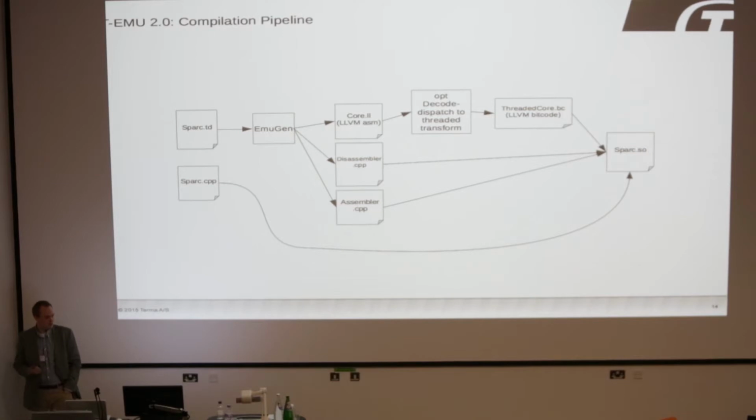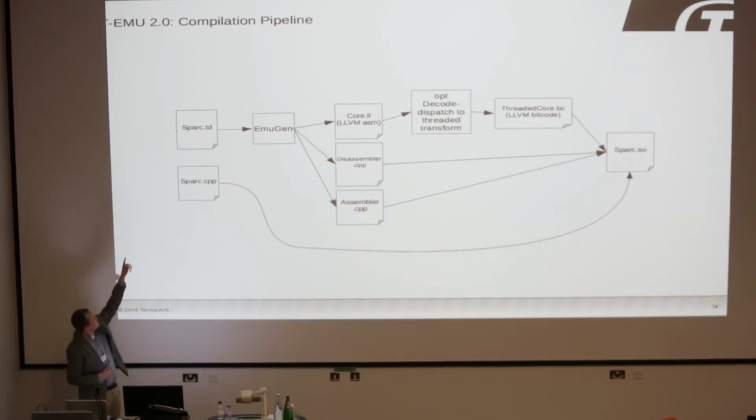So our compilation pipeline then. Well, we have our TableGen file, this sparc.td. It's loaded by the program Imogen, the emulator generator. And from this we get an LLVM assembler file which contains the emulator core, and we get the disassembler and an assembler.